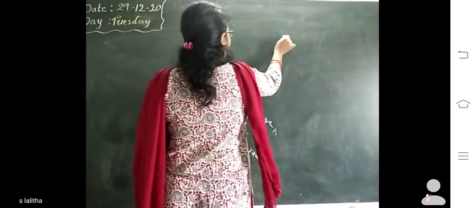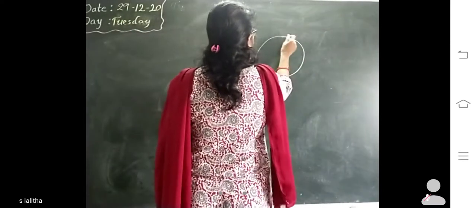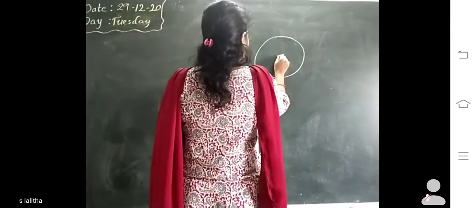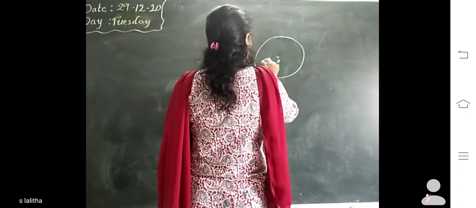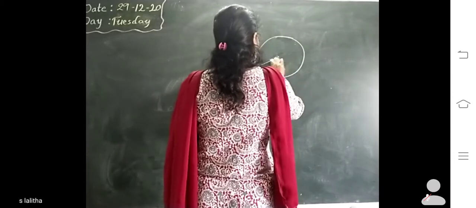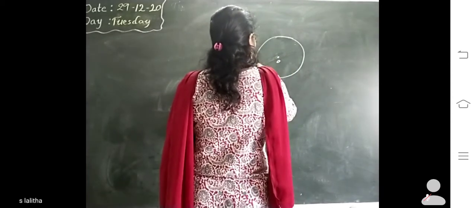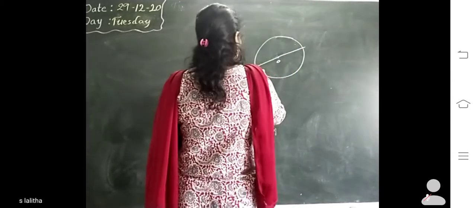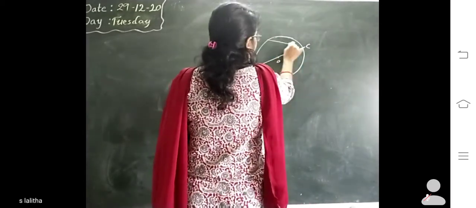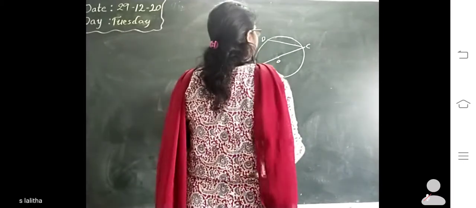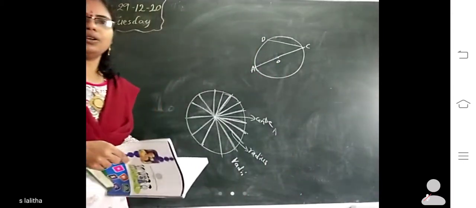Suppose we have drawn a circle like this. This is the center O. This is point A, this is point C. So here how many lines are drawn on the circle?